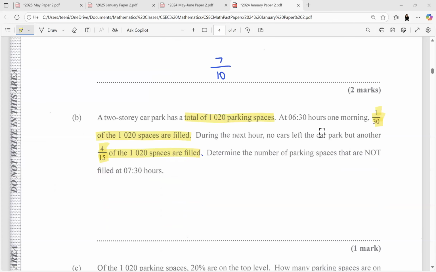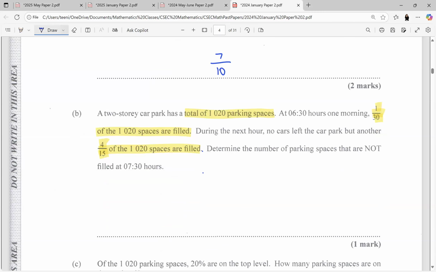So you could have just found out what is 7/10 of 1020. Anybody did it this way? Which would actually give you 714. 7 times 102, which is 714.